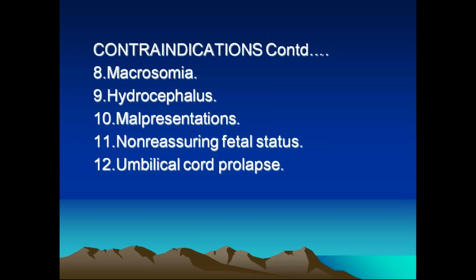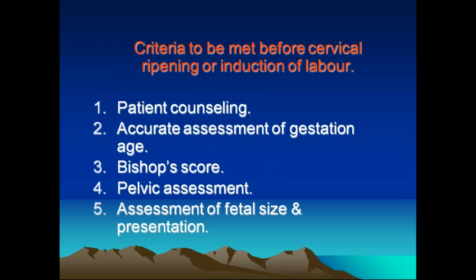Also hydrocephalus, where the head will be enlarged, and any malpresentations like breech, occipito-posterior, transverse lie, or oblique lie, and non-reassuring fetal status. In all these conditions we will not go with induction of labor.